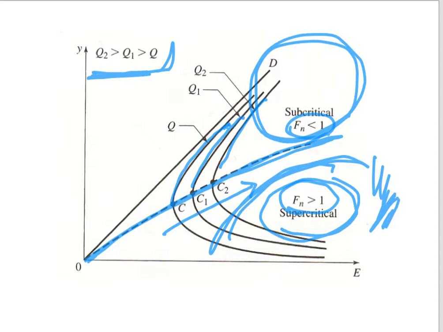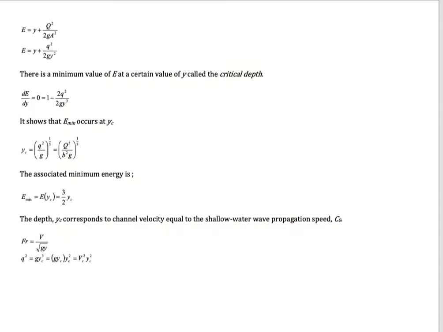Okay, now we come to the question: how to determine the alternate depth in this situation. Let's say we have the energy equation here. E is equal to q square over 2gy square, because we already replaced this with the specific flow rate.